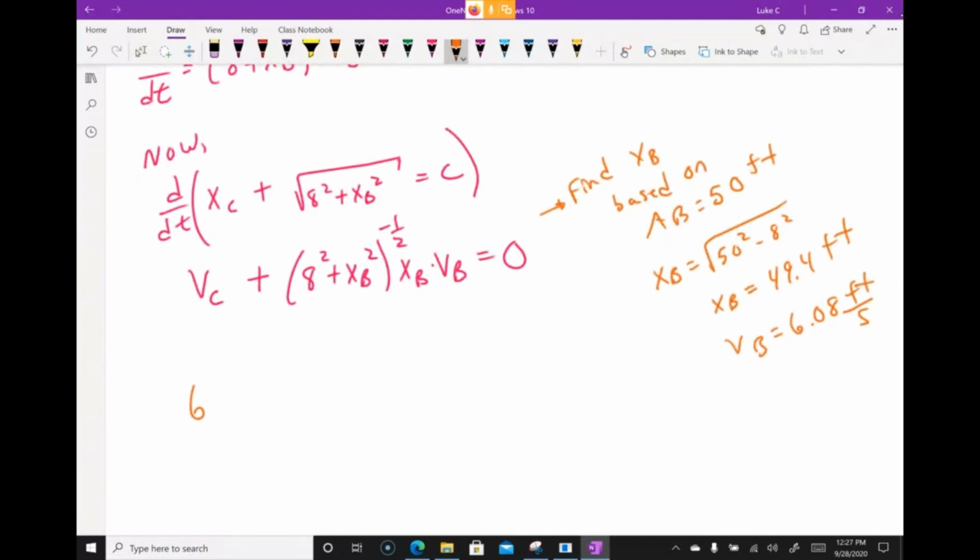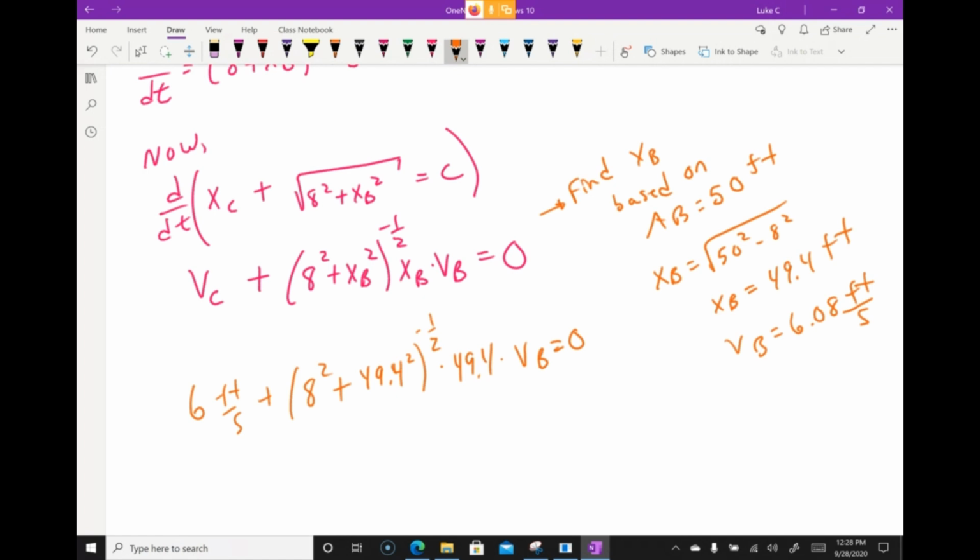So this is 6 feet per second plus 8 squared plus 49.4 feet, I'll just put the square to the minus 1/2 times. Let's see, it should work. 49.4 plus 8 squared.